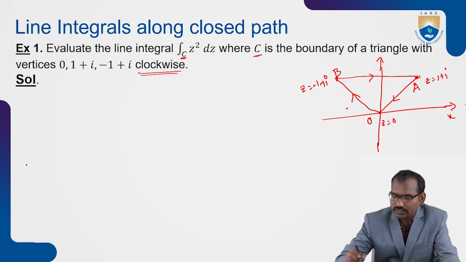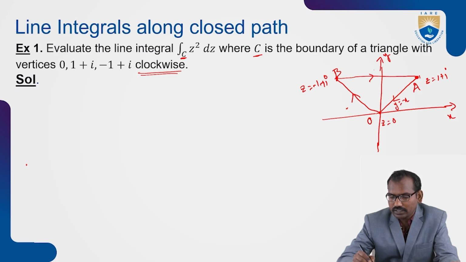This is the real axis and this is the imaginary axis. We already know x and y are real numbers. On the path OA, x and y have the relation y equals x.